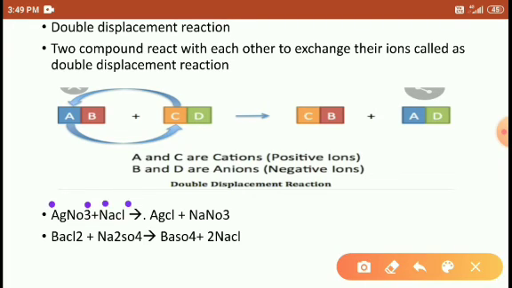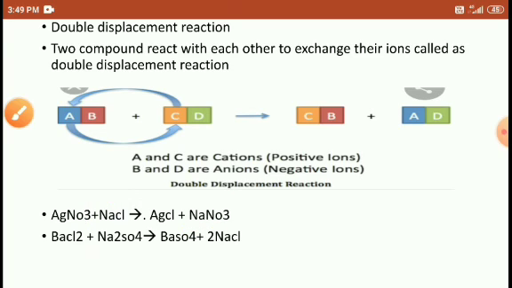Look here, I am giving an example. AgNO3 reacts with NaCl to form AgCl and NaNO3. Ag is positive, NO3 is negative, Na is positive, Cl is negative. So Ag is attracted to Cl to form AgCl, and NO3 is attracted to Na to form NaNO3. Both ions are exchanged, and that is called a double displacement reaction, students.